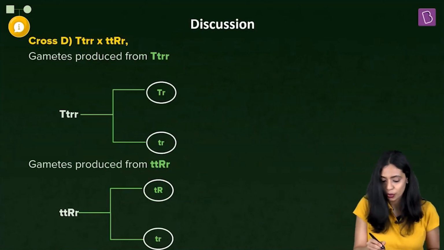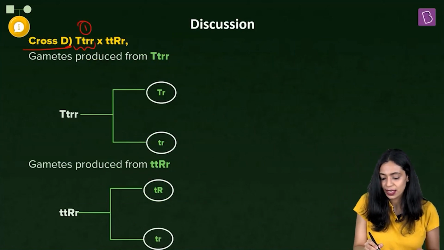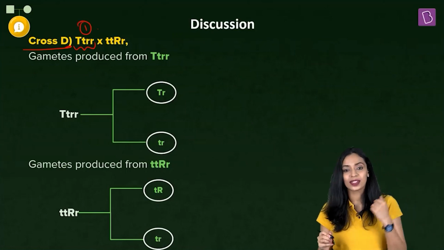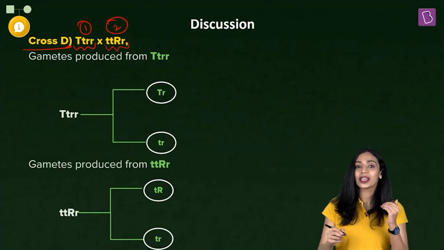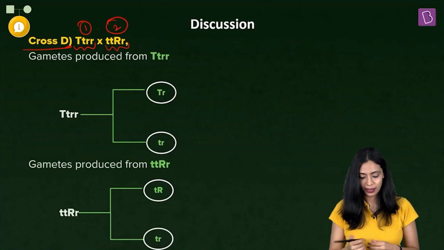And now let's look at cross D. In cross D, you have one of the parents that is heterozygous dominant for one character and homozygous recessive for the other character, and the second parent is homozygous recessive for one character and heterozygous dominant for the other character.